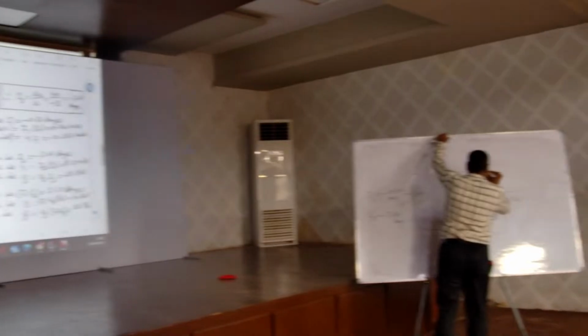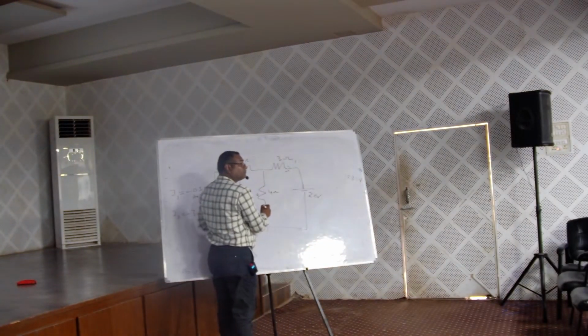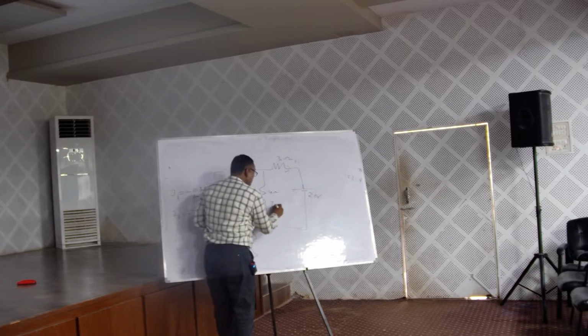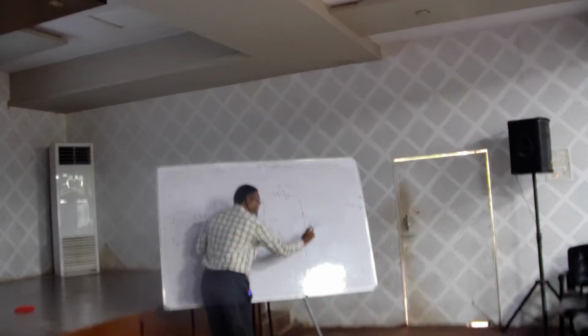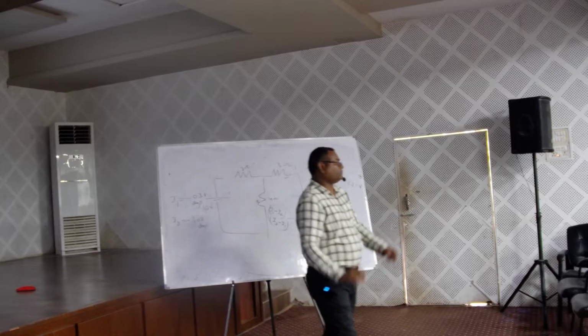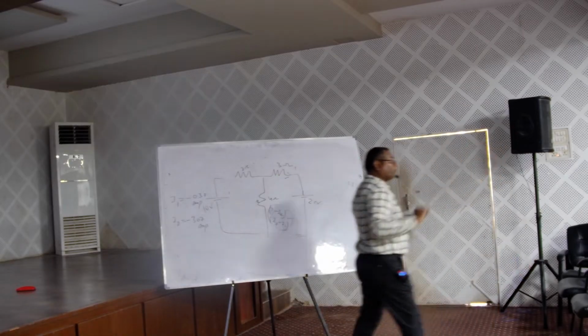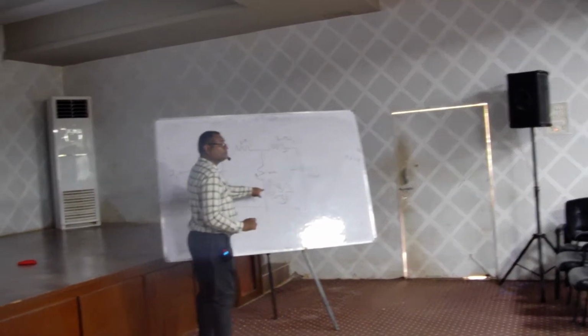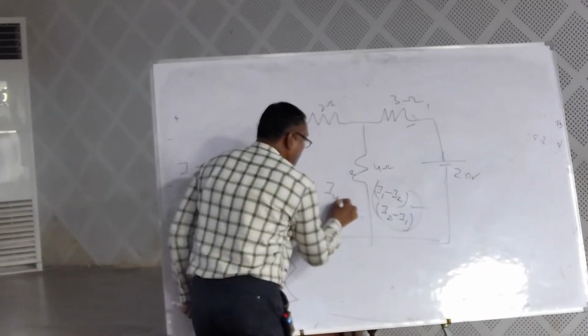The current through 4 ohms. Two currents are flowing. One is I1 minus I2. The other is I2 minus I1. Take any one, you'll get the answer. What I have taken here? Give the new name. What is the new name?